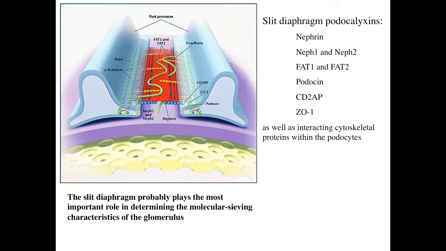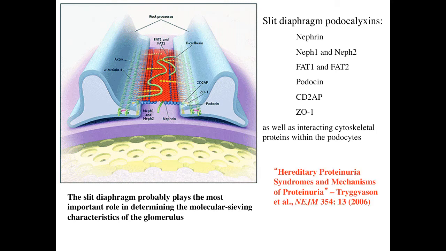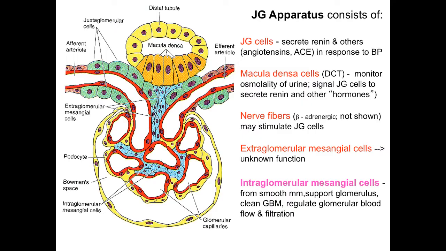These proteins also interact with cytoskeletal proteins within the podocytes, and there's an interesting review article for you on the D2L site in the New England Journal of Medicine, and this article is suggesting that indeed the interactions of macromolecules with this filtration slit diaphragm probably plays the most significant role in filtration at the glomerulus.